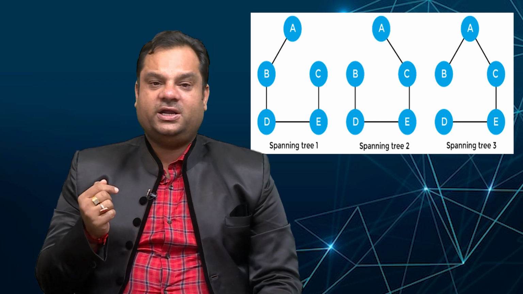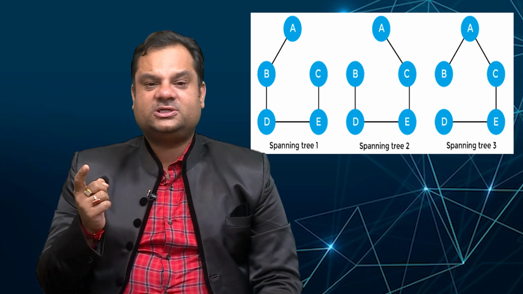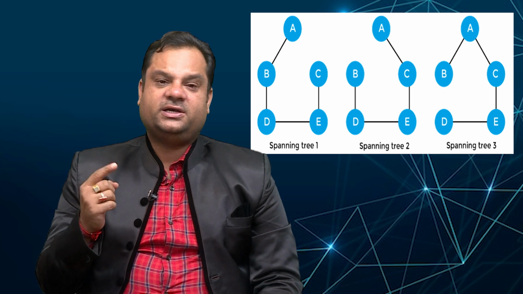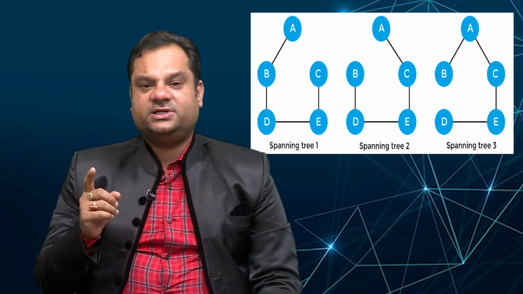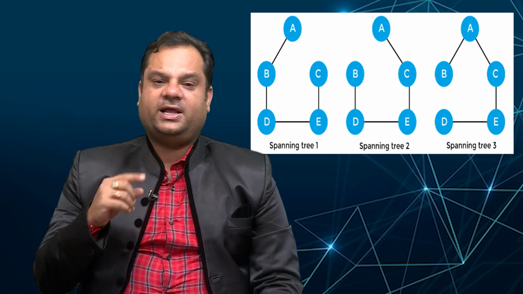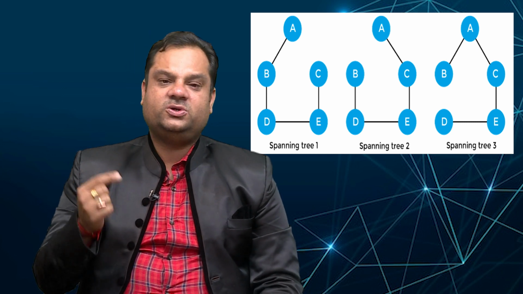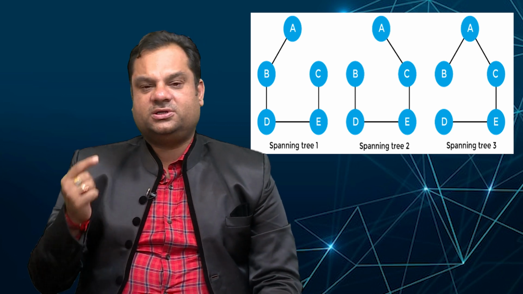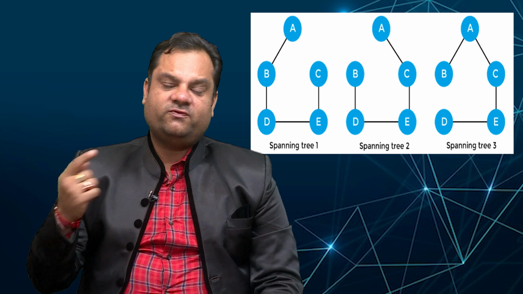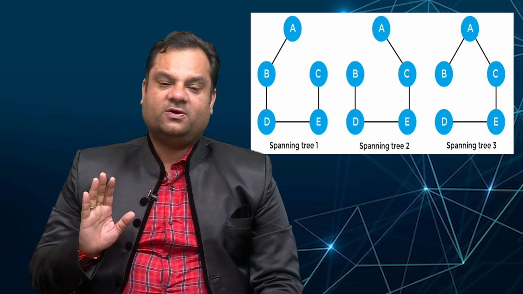That's why we don't connect A to C. In the second example spanning tree, we disconnect A to B, and the rest of the edges we connect. And in the last one, we don't connect B to D. Like that, one by one, you can remove an edge in a particular graph and generate a spanning tree. When a cycle is created, it's not a property of a spanning tree.